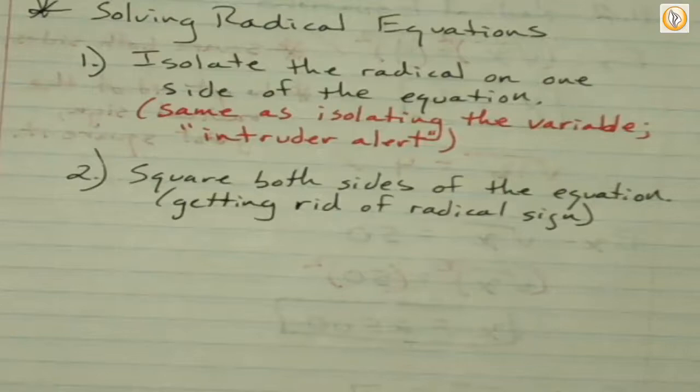So the first thing you're going to do is isolate the radical, get it all by itself on one side of the equal sign. Then you're going to square both sides of the equation to get rid of the radical sign.